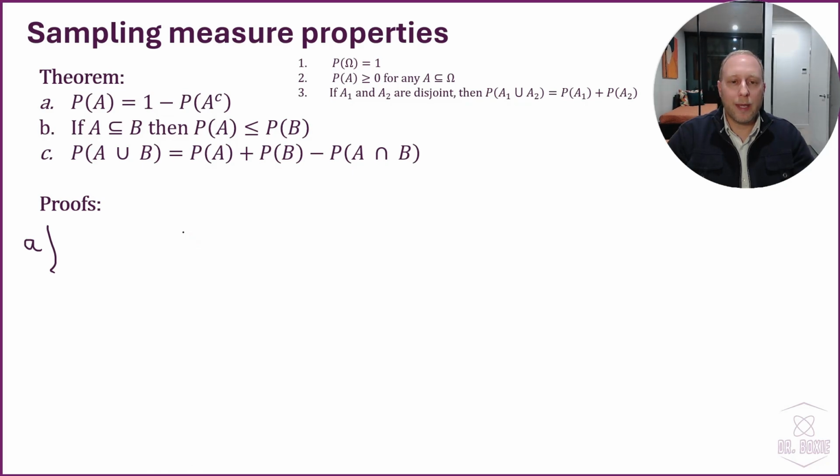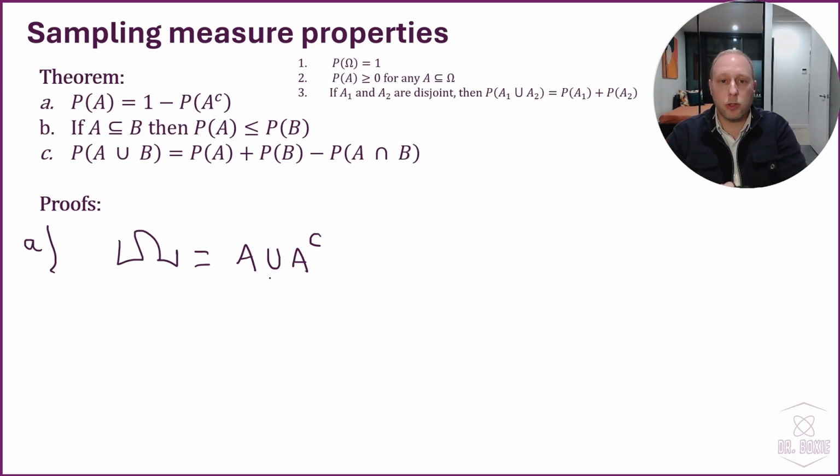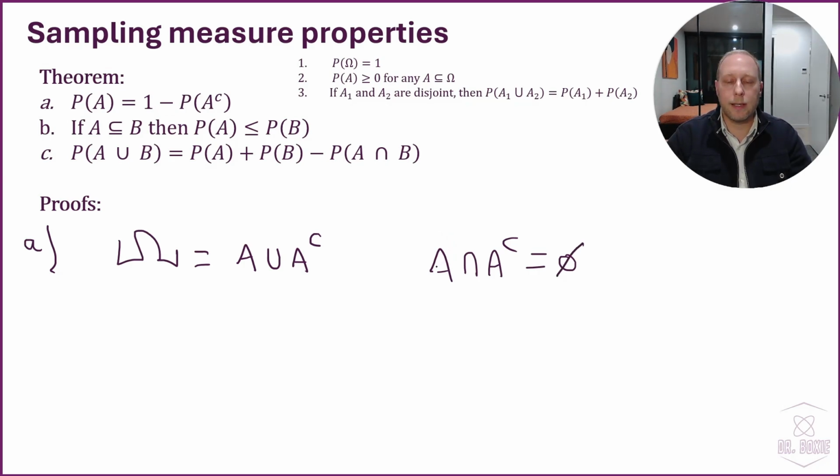Firstly, we can write omega, the whole sample space, as the union of A and its complement. This is simply because the complement of A is defined as anything that is in omega but not in A. And because of this same defining property of the complement of A, we know that A and its complement are disjoint. In other words, their intersection is the empty set.